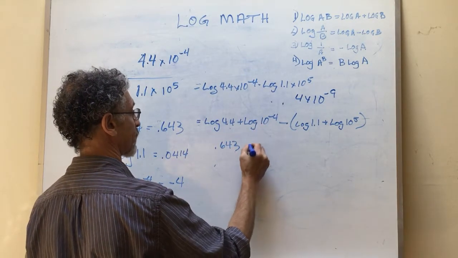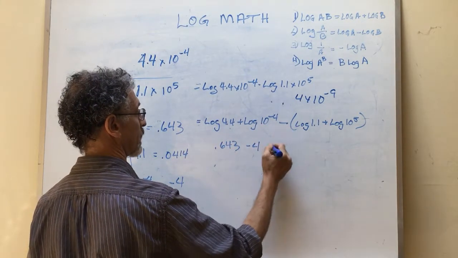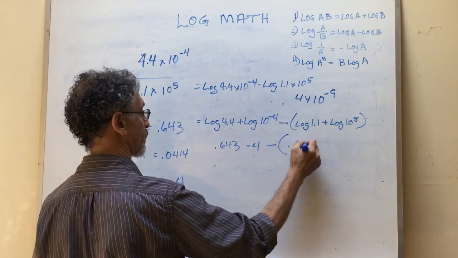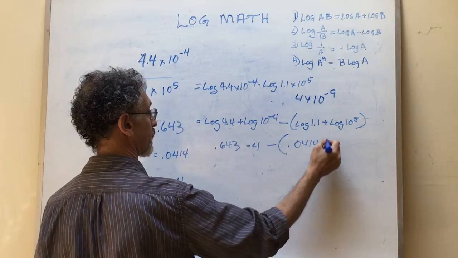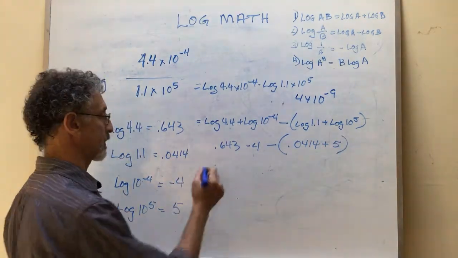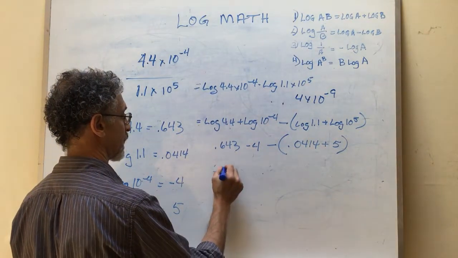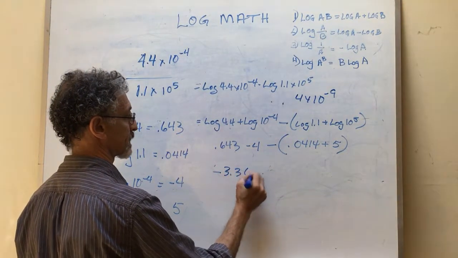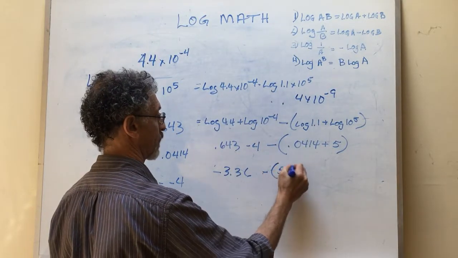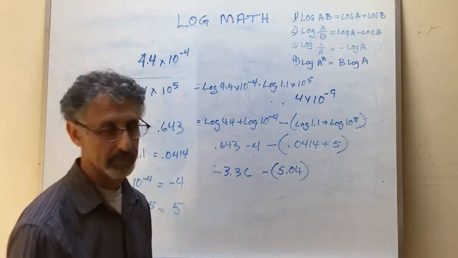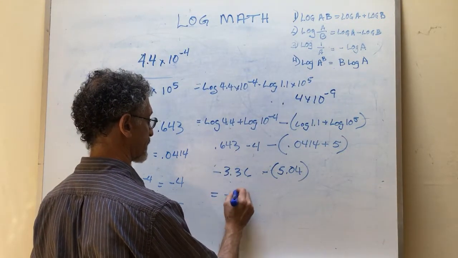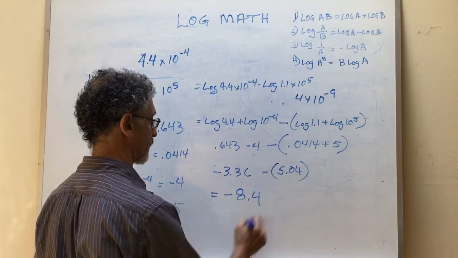Log of 10 to the minus fourth is minus 4. Minus 0.0414 plus 5. Do the math here. This is minus 3.36, and this is minus 5.04. Add these together, and we get minus 8.4.